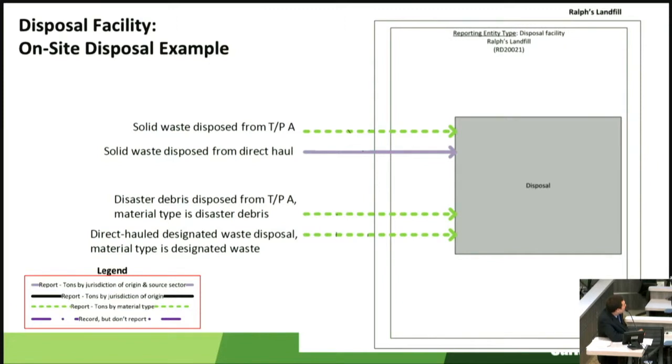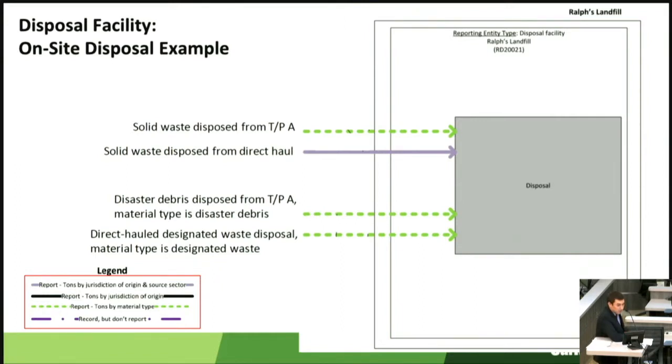All right, now let's talk about on-site disposal. This is something that's not really modifiable within the context of RDRS, meaning what you accepted for disposal is what the system is going to assume you disposed.